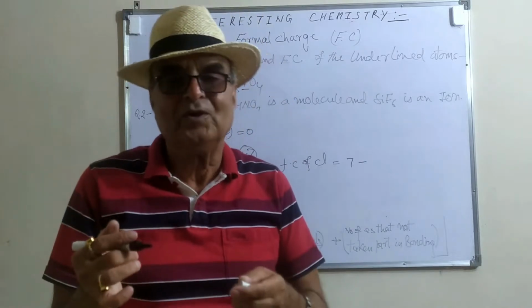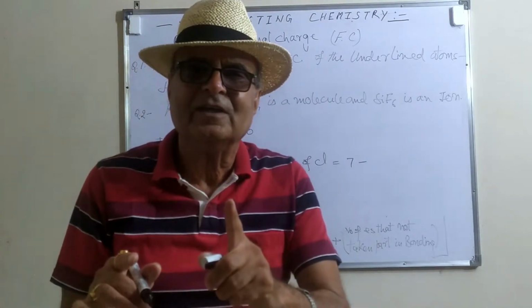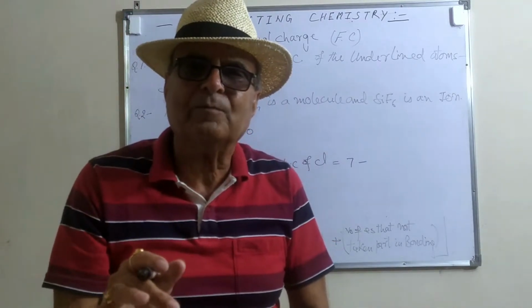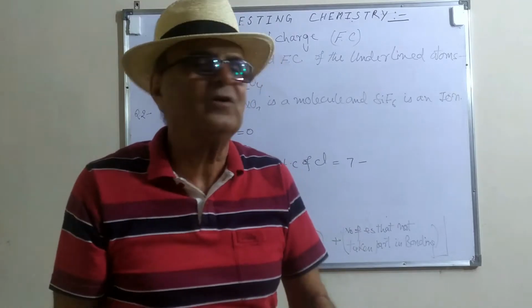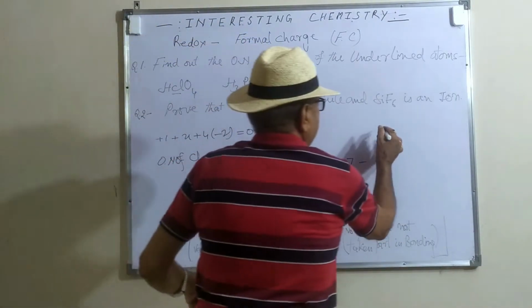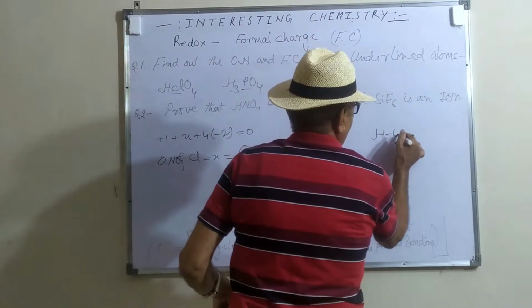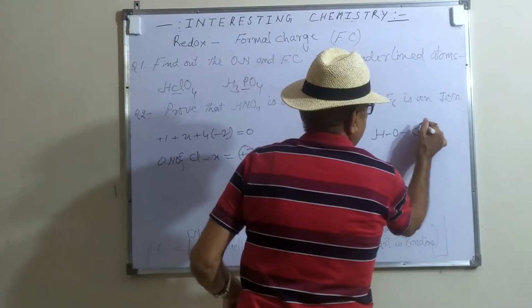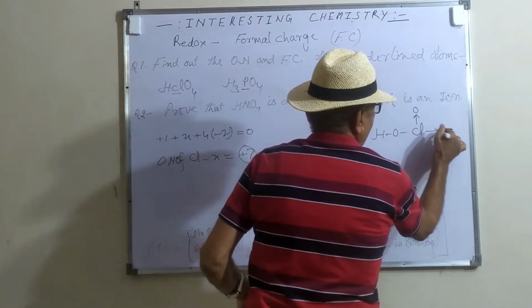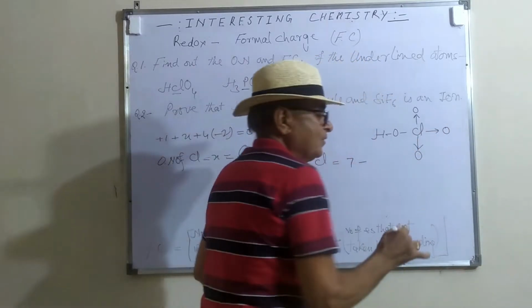You should know. To find out the formal charge, you should know the Lewis structure of the compound. So we write here H, O, Cl, and this is the structure of HClO4.